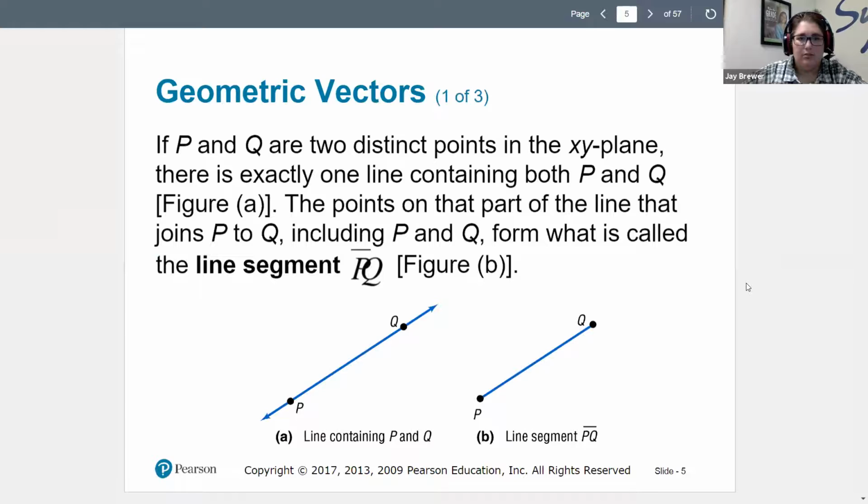Geometric vectors. All right, if P and Q are two distinct points in the XY plane, there's exactly one line connecting both P and Q. You can look at figure A. The points on the part of the line that joins P to Q, including P and Q, form what is called the line segment, which you should definitely know from past courses.